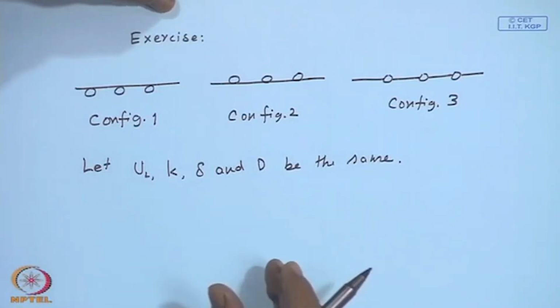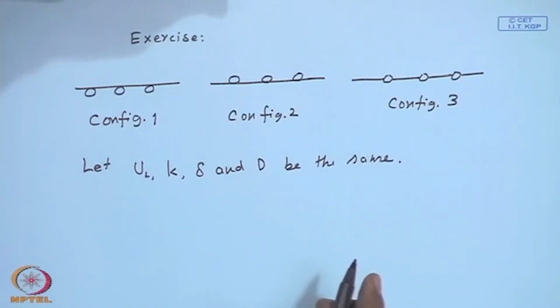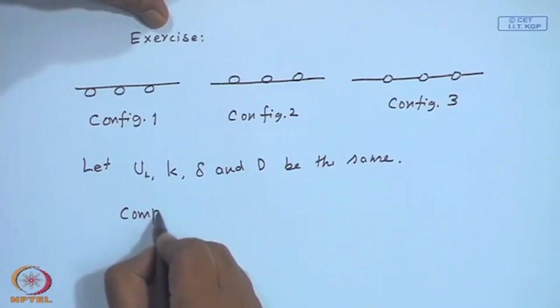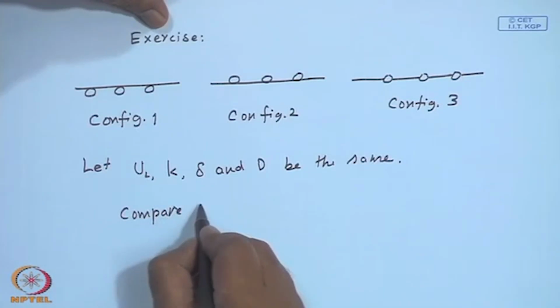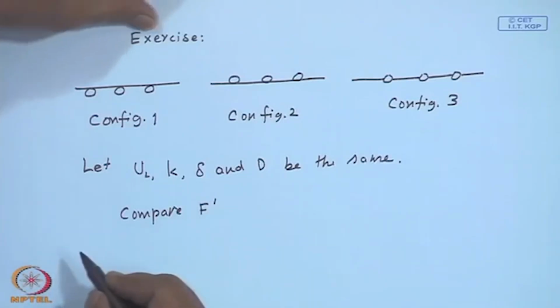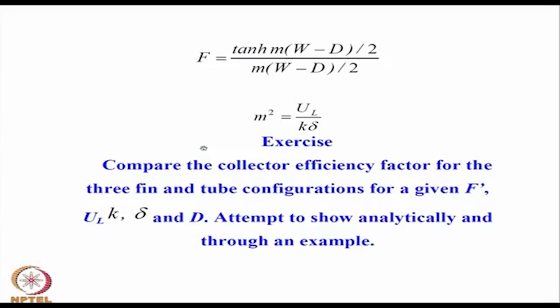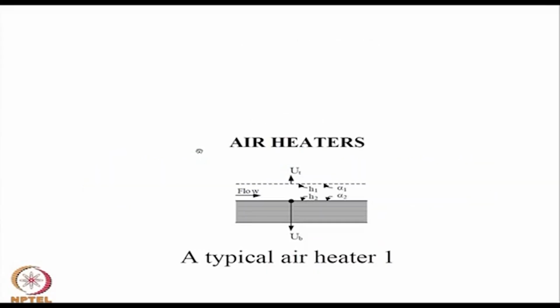So compare F dashed. I am having the same overall loss coefficient, same material thermal conductivity, same thickness and same diameter tube, but since my expressions for F dash are different, the values of F dash will be different.